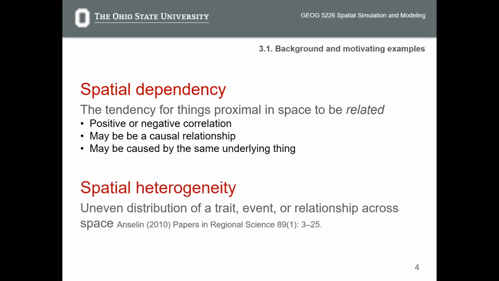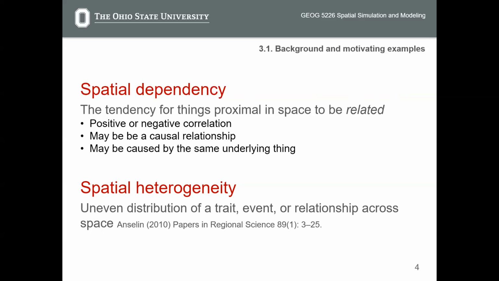And there is also spatial heterogeneity. Because there is spatial dependency, similar things tend to get together. And that's the reason why we have clusters within a specific space. For example, in Ohio, we have clusters of cities, right? Columbus is a cluster, and Cincinnati is another one. Cleveland is another one, right?